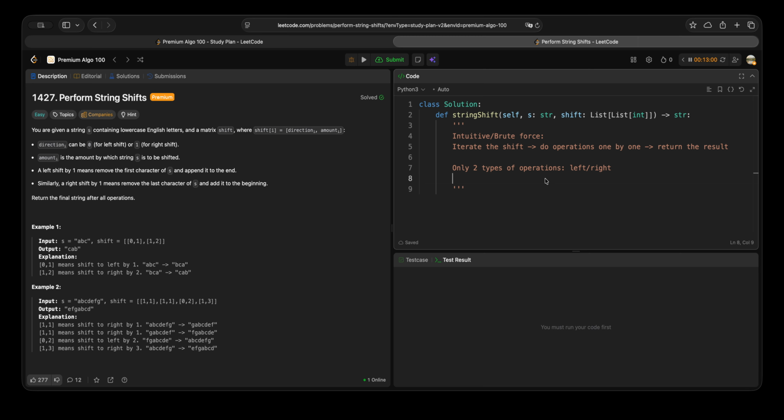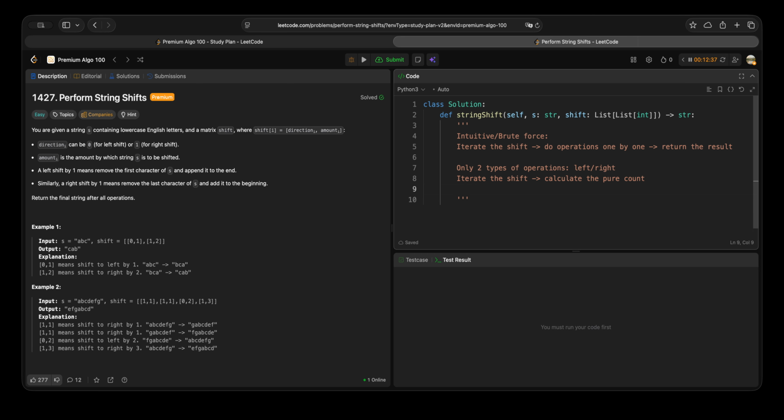Okay, so I will make a note here. What we want to do is calculate, well, we still need to iterate over the shifts, and we need to calculate the, let's say, pure count. So what is pure count?